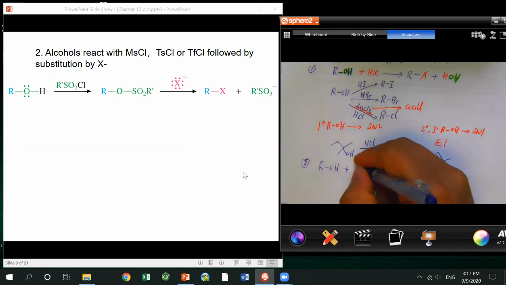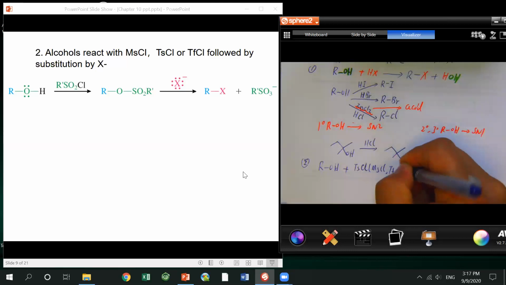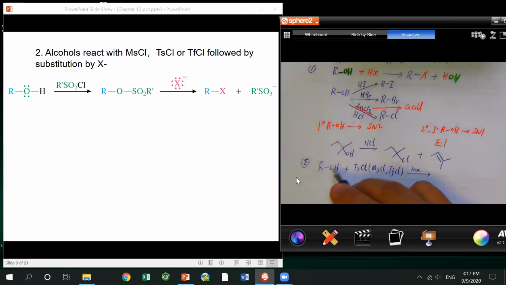We use mesyl chloride, tosyl chloride, or triflyl chloride, normally under slightly basic conditions. That converts the OH to the tosylate, mesylate, or triflate.